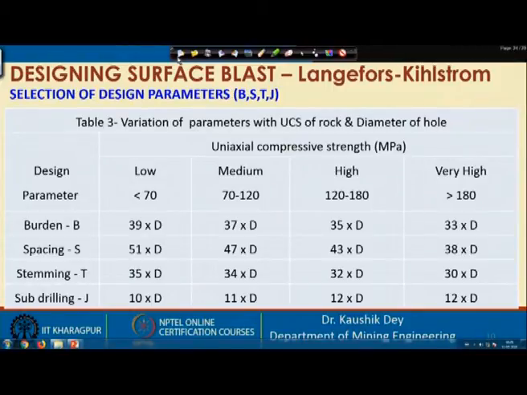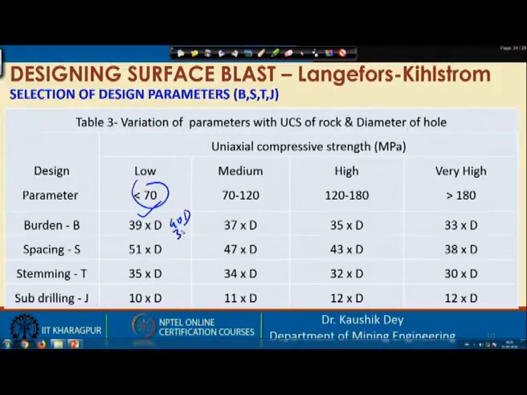Again let me remind you that this guideline must be followed for designing the trial blast. Based on the result achieved from the trial blast, you have to modify your design. Say you may start with a 39 D burden for this type of condition, then you may increase it to 40 D and see the result.